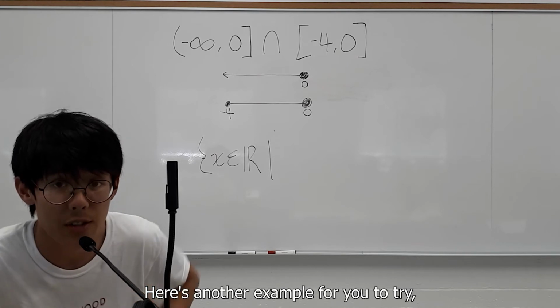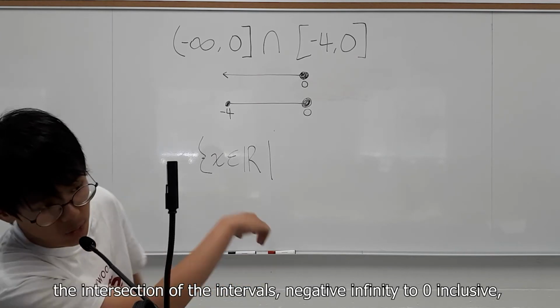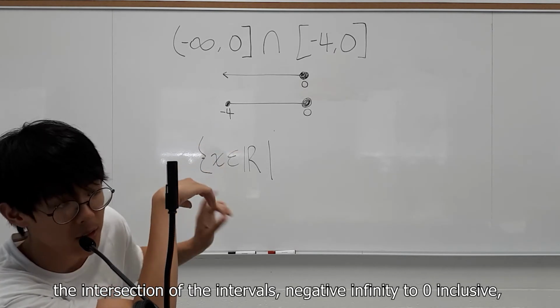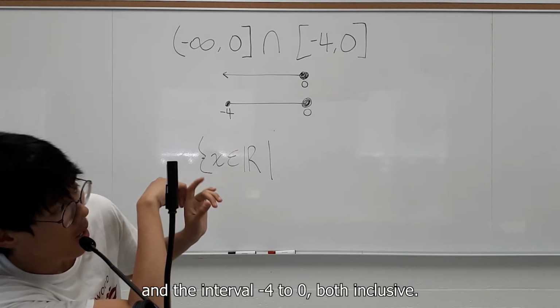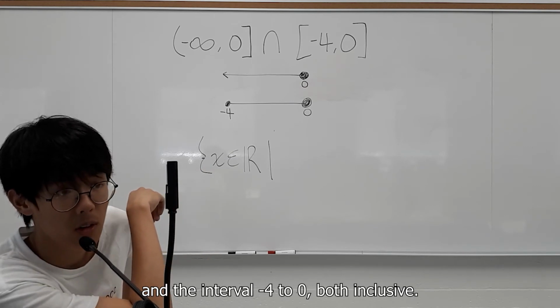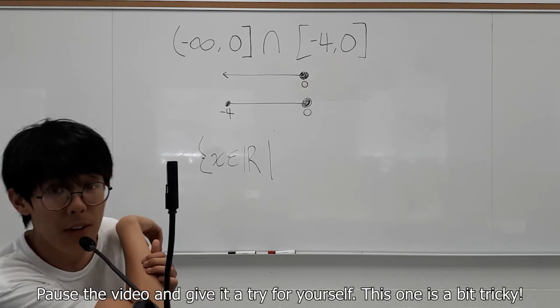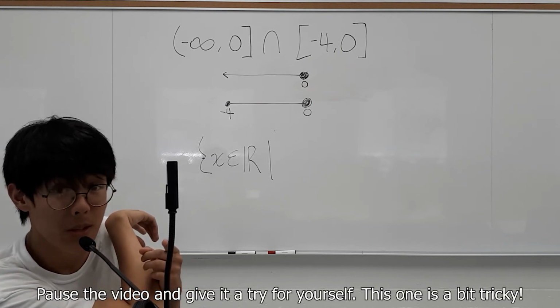So here's another example for you to try: the intersection of the intervals negative infinity to 0 inclusive and the interval negative 4 to 0 both inclusive. Pause the video and give it a try for yourself. This one's a bit tricky.